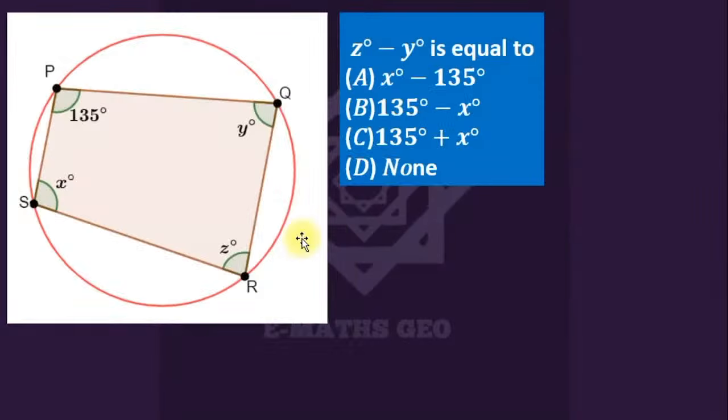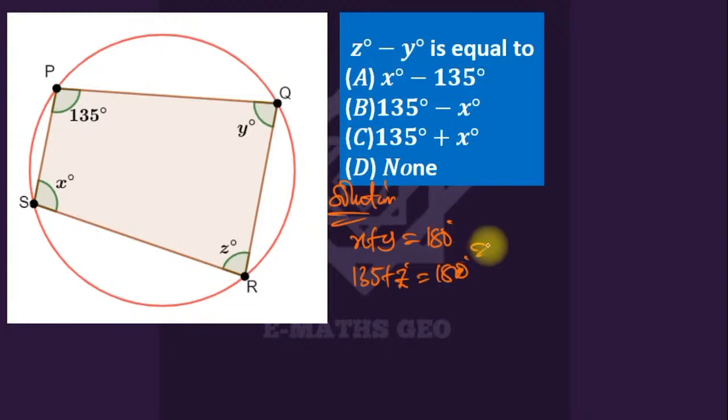We are asked to find z minus y. As you can see, this is a cyclic quadrilateral. We say that x plus y must give us 180, and also 135 plus z will also give us 180, based on opposite angles of a cyclic quadrilateral.